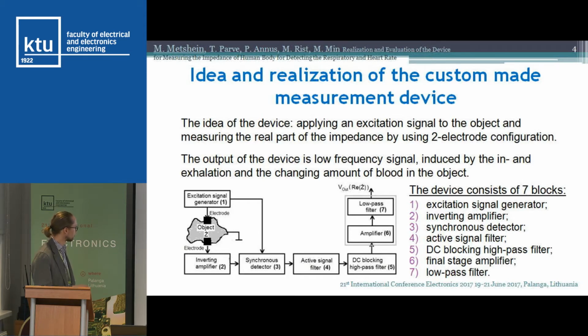After the measured signal, the object is passed through an inverting amplifier and is synchronously switched. After that, it is integrated and bandpass filtered. And for making it visually available on the screen of an oscilloscope, it is amplified and low pass filtered.